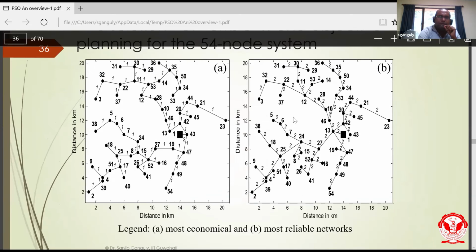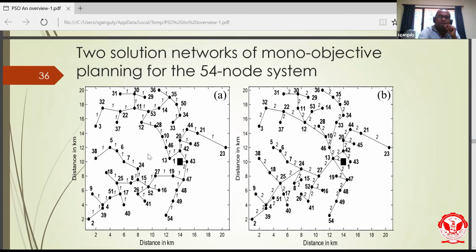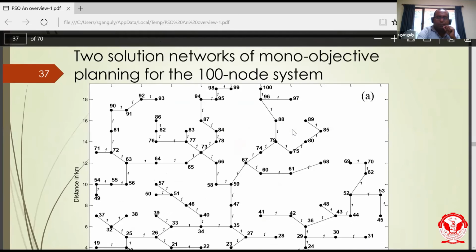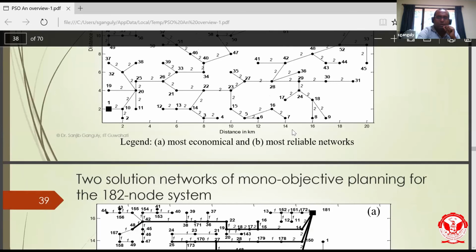Similarly, for the 54 node system, here we had a substation, and this one I got by optimizing the total cost, and this one by optimizing the reliability. Similarly, for the 100 node system, I got these solutions, and also for the 182 node system.